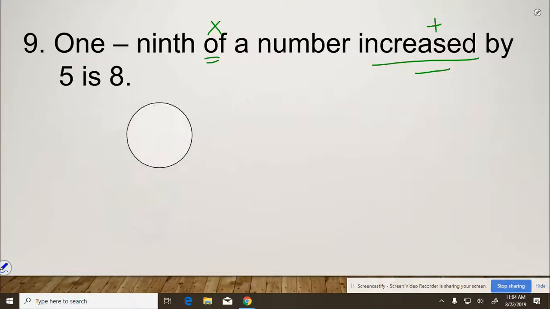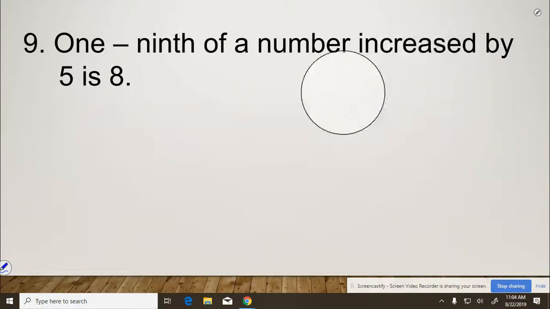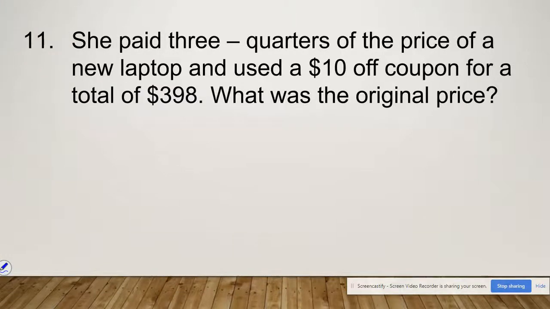All right, let's continue. Nearing the end. Now we have a more lengthy word problem, a more realistic word problem. She paid 3/4 of the price of a new laptop and used a $10 off coupon for a total of $398. What was the original price? All right, so she paid 3/4 of the price.